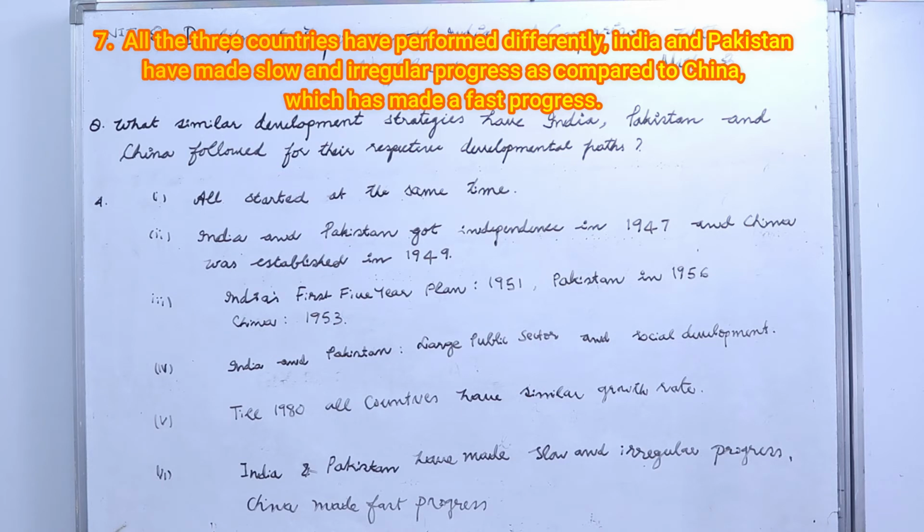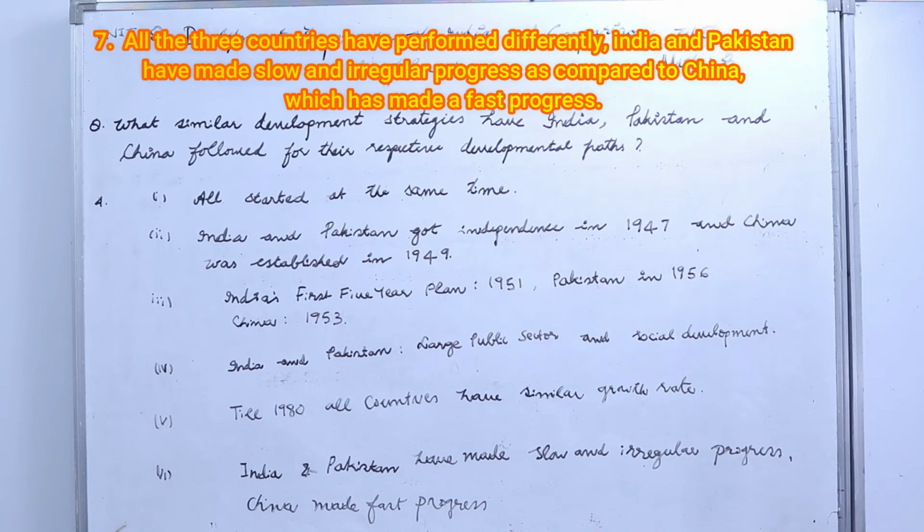All these three economies started at the same time. The second point: India and Pakistan got independence in 1947, and China was established in 1949. The third point, keep this in mind: India's first 5-year plan was adopted in 1951, Pakistan in 1956 and China in 1953. India and Pakistan adopted a large public sector and social development because the private sector was not so powerful.